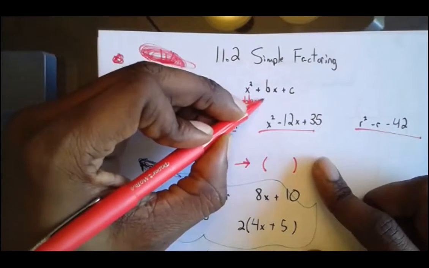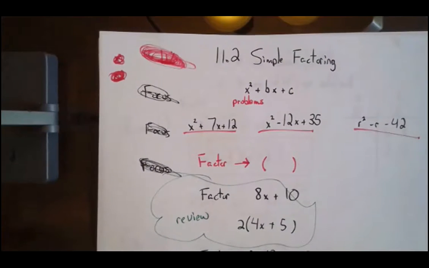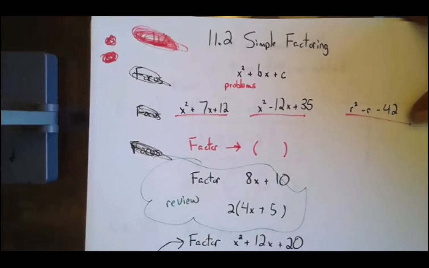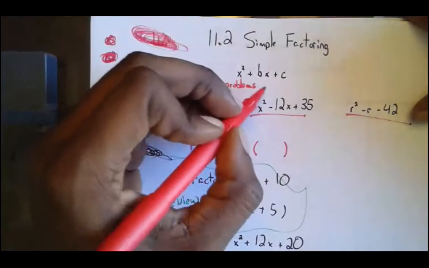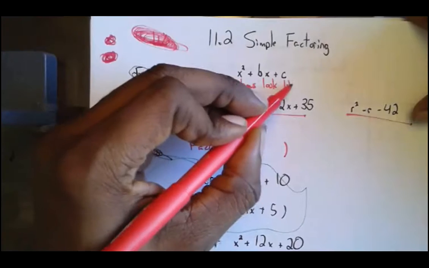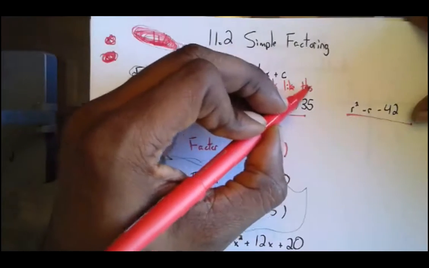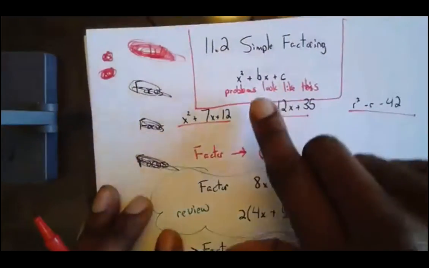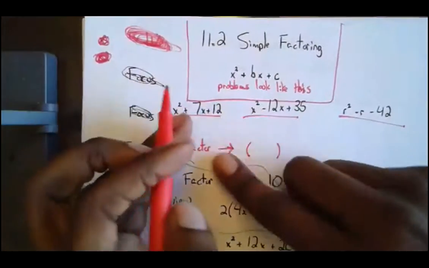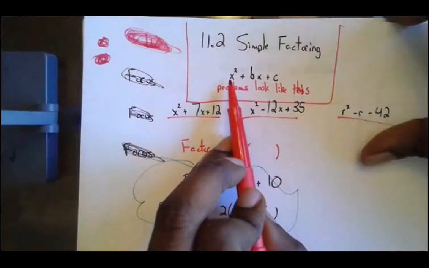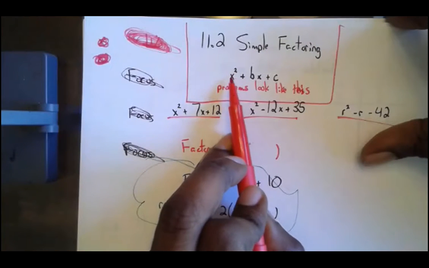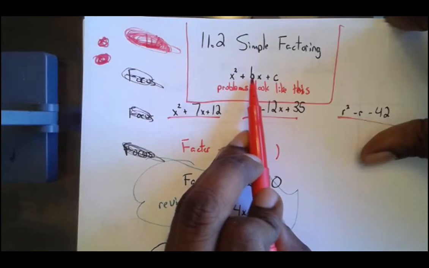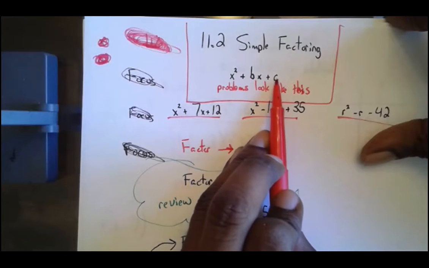I'm going to give you a bird's eye view of this lesson. This little tree thing that you're doing right now with the plus and times only works with problems that look like this: x squared, plus or minus b x, where b just means some number, and c just means a number.